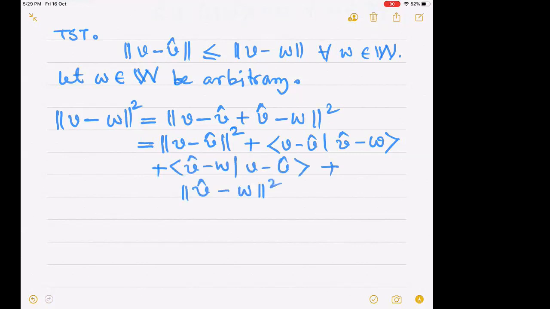I just expanded out. This is just the inner product of this vector with itself, that is what I have expanded here.